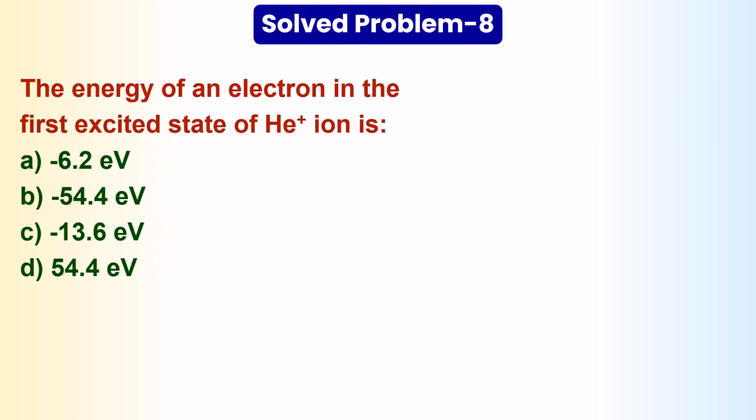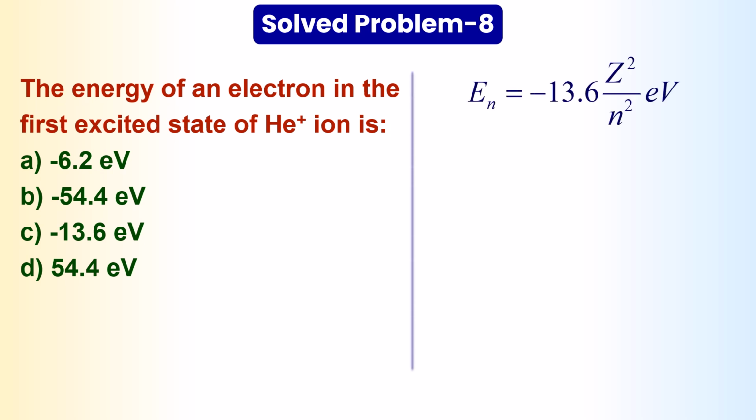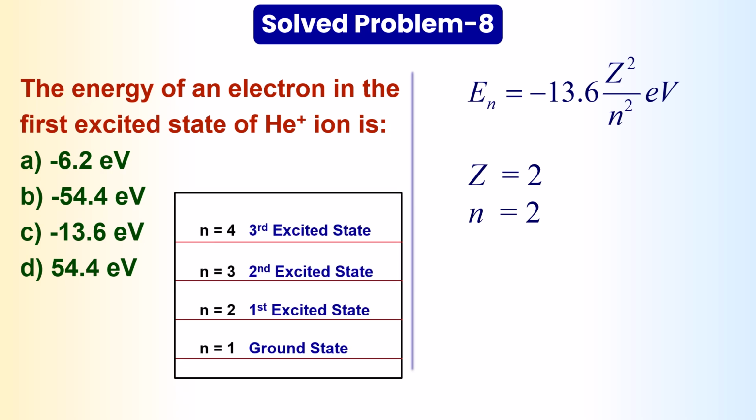In this problem, we have to calculate the energy of an electron in the first excited state of helium plus ion. We use the same formula again. Z is equal to 2 for helium and n is equal to 2 because the electron is in the first excited state. One should note that n is equal to 1 means it is ground state.